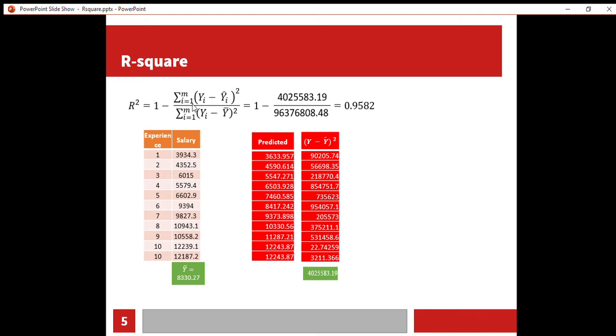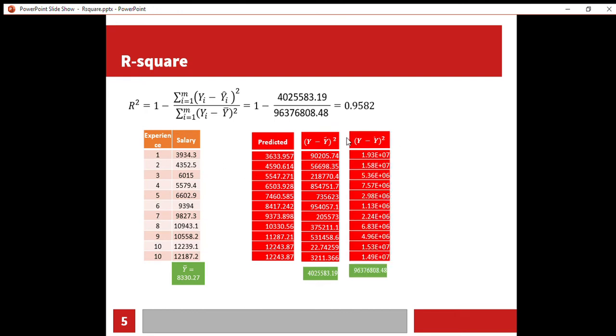Now we need y minus the mean of y. Here is our actual y. We find the mean, the sum of these values divided by 10 because we have 10 values.